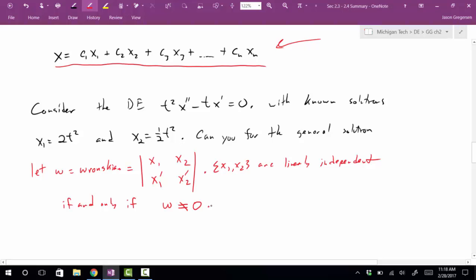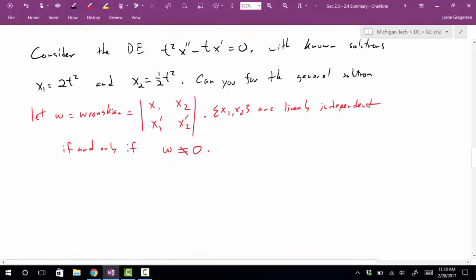So we got a bunch of solutions. I'm going to check formally, are these guys independent or not independent? I just calculate this Wronskian thing. If it is identically equal to 0, not independent. They're linearly dependent. If I get something that's not identically equal to 0, woohoo! Independent solutions, go ahead and form your general solution. Okay?